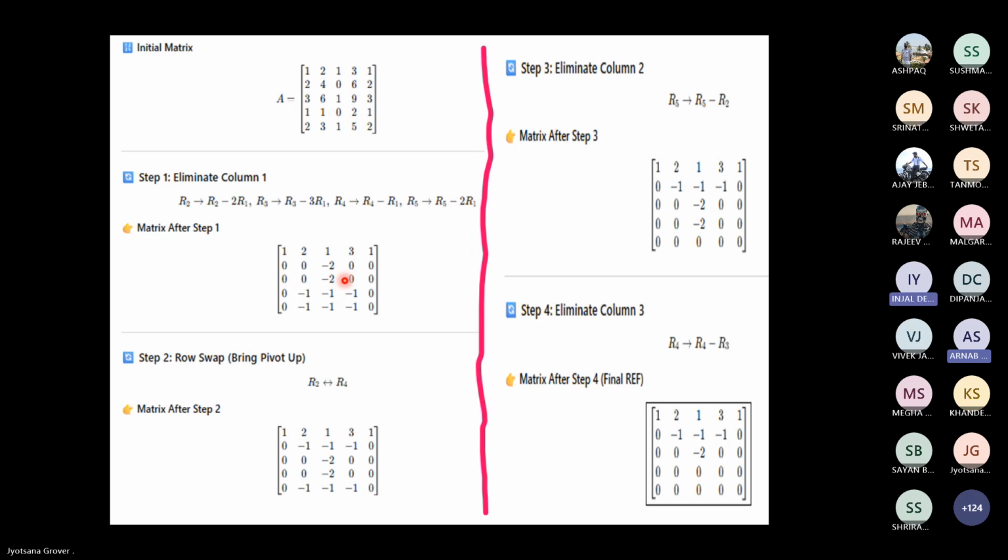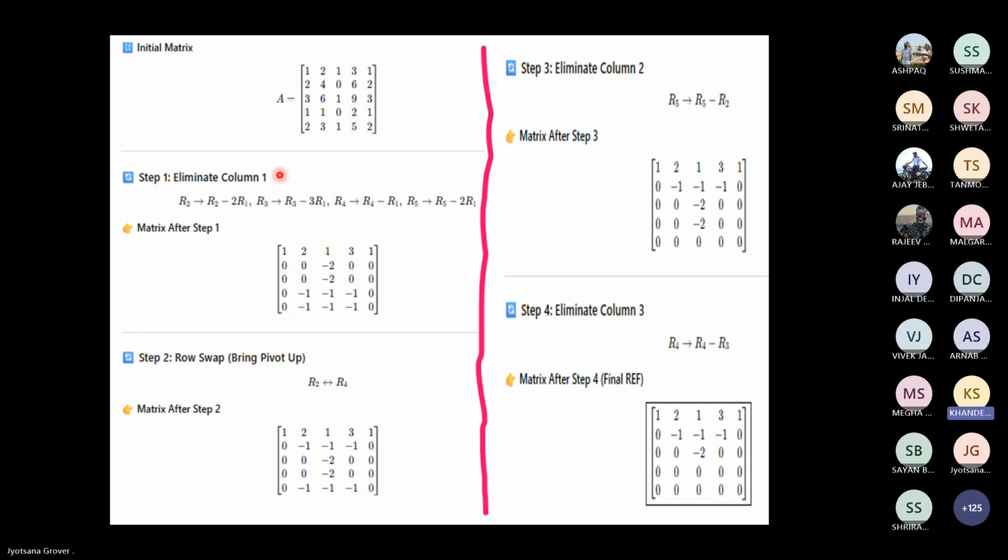In the same step, we are not using R2 again, right? I think in a particular step, we can change only one row at a time. If you see in step 1, we are not changing or using R2 anymore after that. Yes, that's right. Got it.